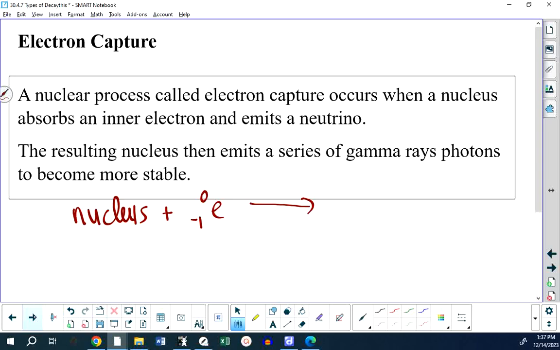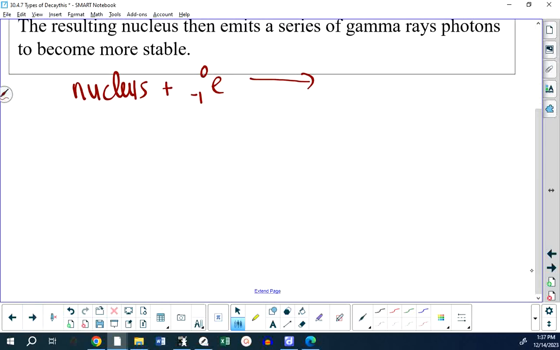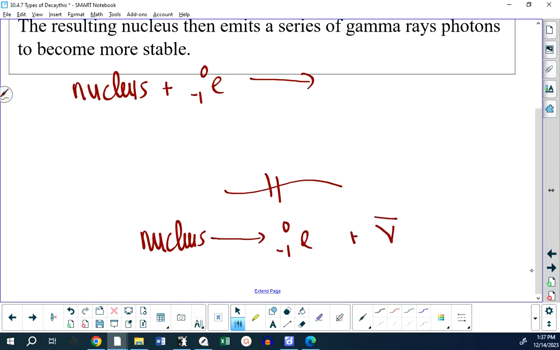And I'm going to tell you right now, if you ask me what else is produced, I don't have it memorized, but I can tell you that it's going to be a neutrino. I worked it out this way. I know that in a nuclear change, and I hope this makes sense to you intuitively, when a nucleus emits an electron, there's an anti-neutrino here, right?